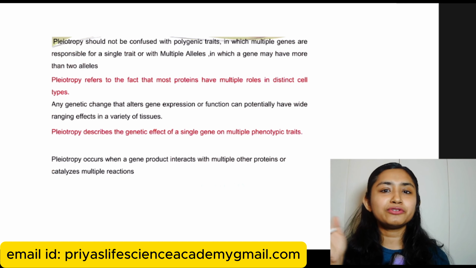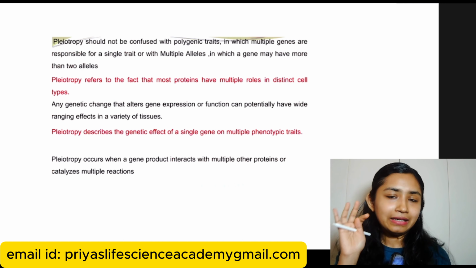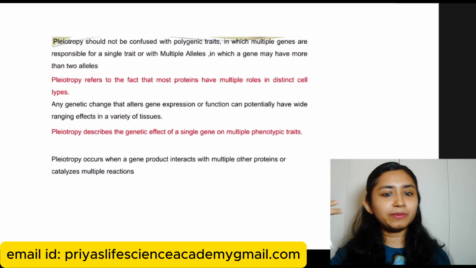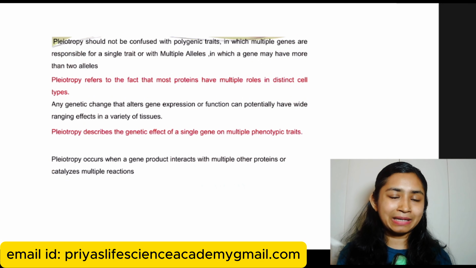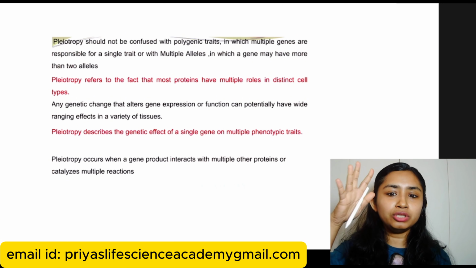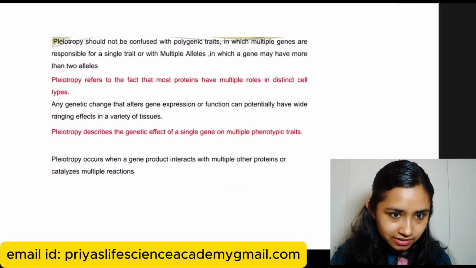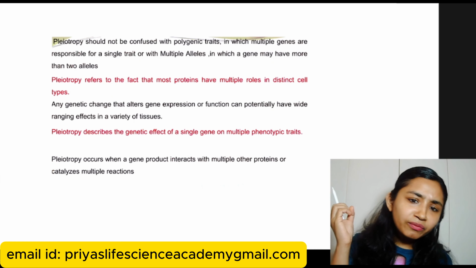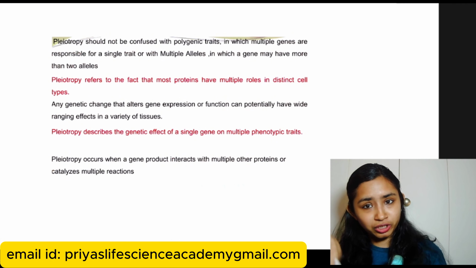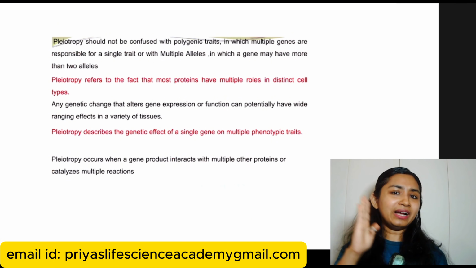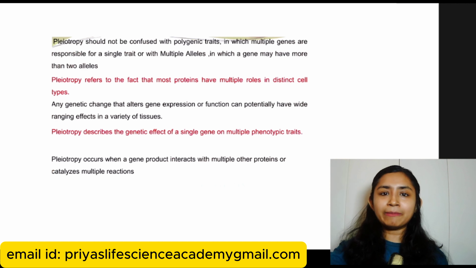Polygenic traits and pleiotropy are two reverse forms, in which multiple genes are responsible for a single trait, or multiple allelism, in which a gene may have more than two alleles. There are some characters governed by multiple genes, but pleiotropy is different. One gene is responsible for multiple characters.